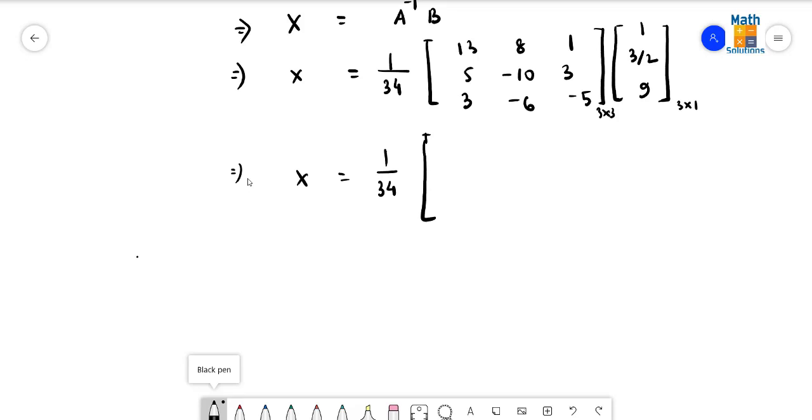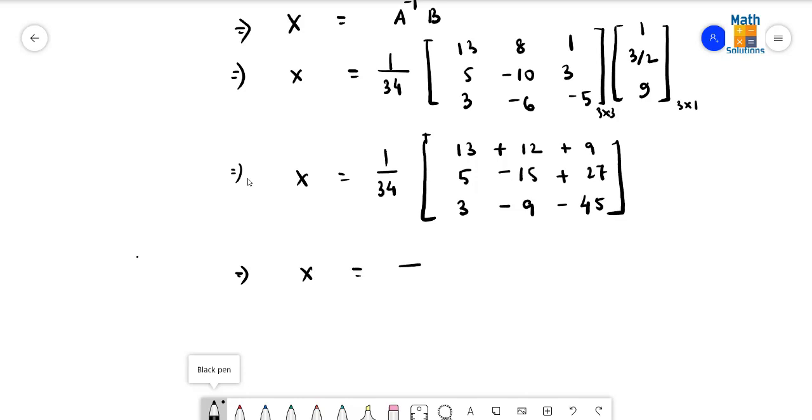So I get here 13 plus 4 3 are 12, then plus 9, then in the second part it is 5, then minus 15, then plus 27, then in the last part I get 3, then minus 9, then minus 45. Now I get here x equals 1 by 34.